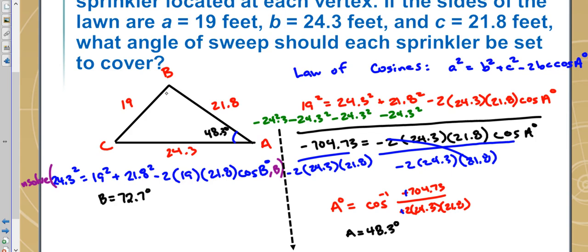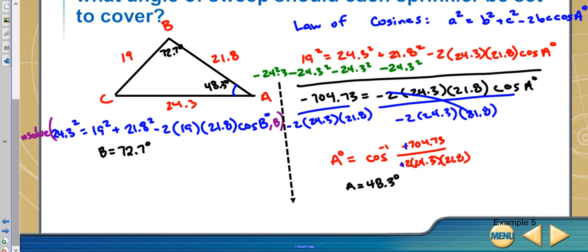Yep. So if that's 72.7 degrees, now to find angle C, you would just define C. What I'll do is I'll take 180 and I'll subtract 72.7 degrees, and I get 103.3 degrees, and then I subtract the 48.3.